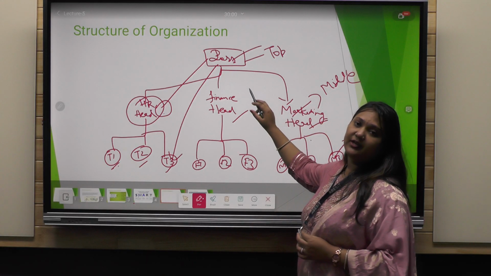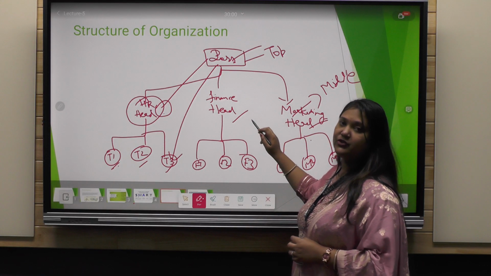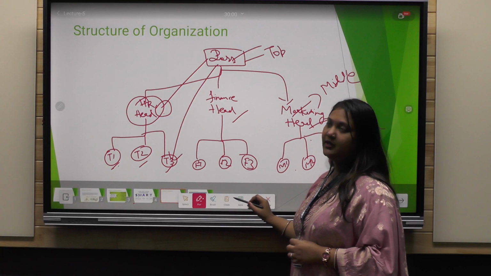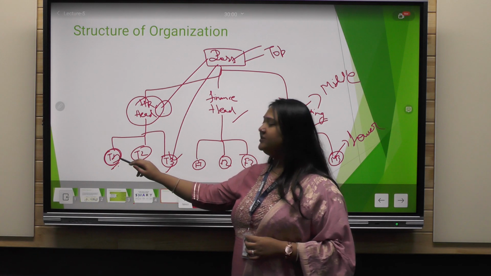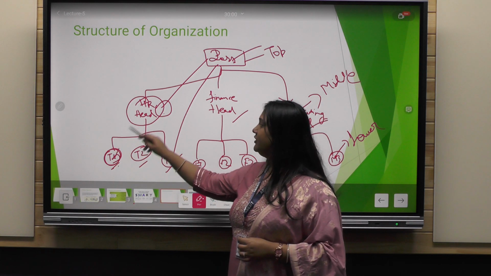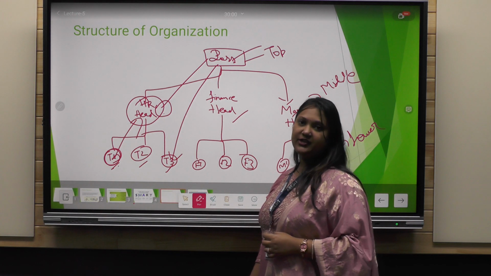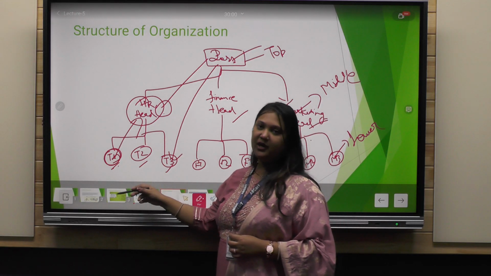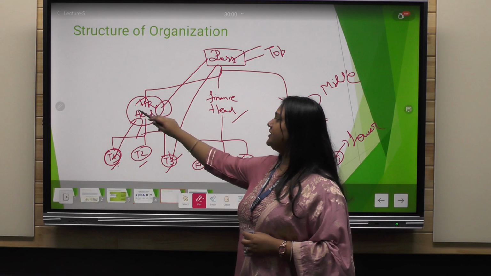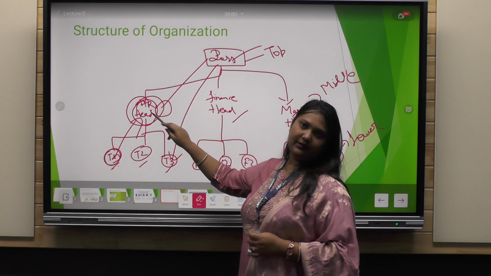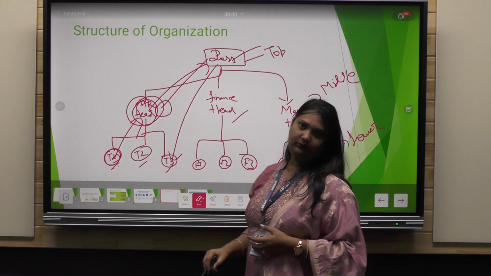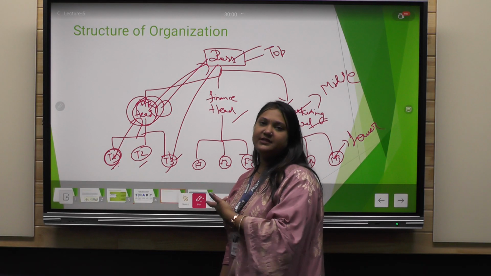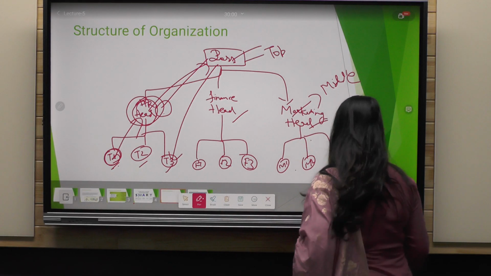So this structure is the most relevant structure for any organization, so that they can know that if a member of this team has to report, he will report to the head, the HR head, as he is in the HR department. If the HR head has to report and is not able to solve the problem, then he will go to the boss. So this structure is so relevant.